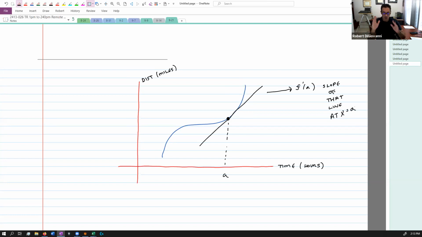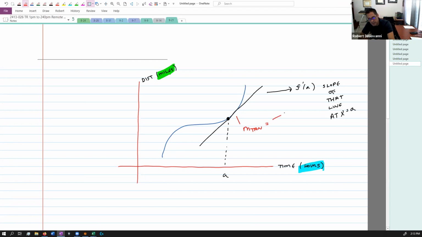So remember, the slope is always rise over run, right? Always rise over run. So if our rise is measured in miles and our run is measured in hours, then the units we would measure the slope of that tangent line in would be miles over hour.